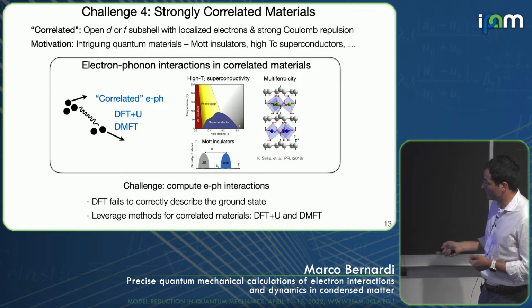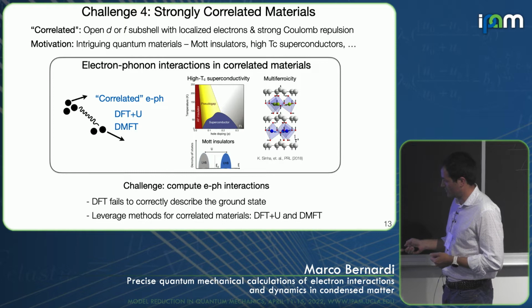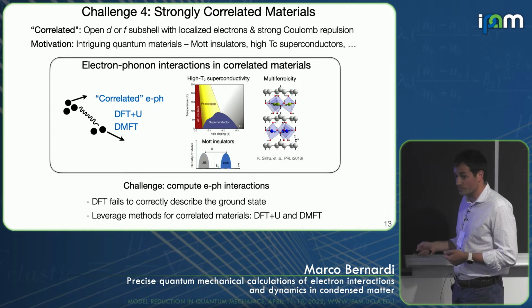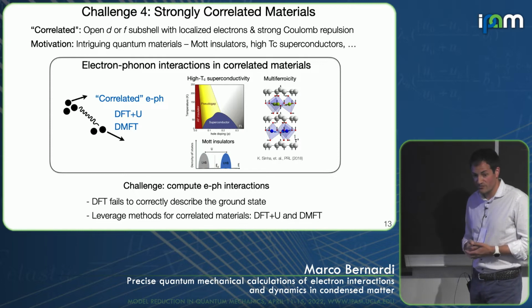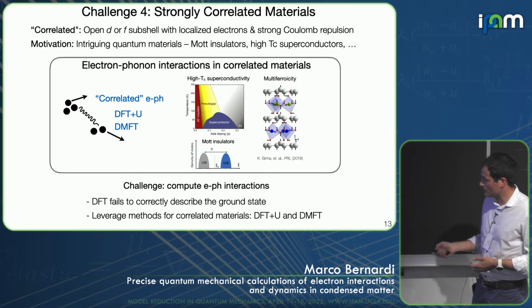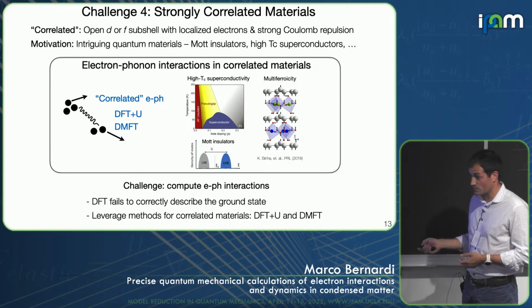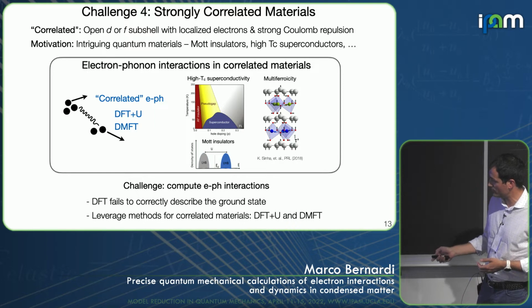There's a couple of ways to study correlated materials, two that I've highlighted here. One is the Hubbard-U extension of density functional theory, also known as DFT plus U. A very different one is dynamical mean field theory. Currently, we're developing electron-phonon calculations within these two levels of theory, but I will discuss only the first one.